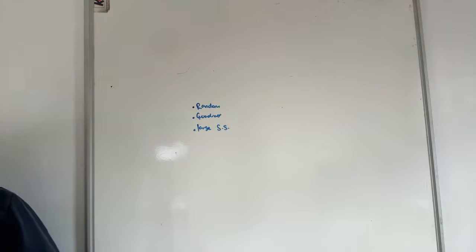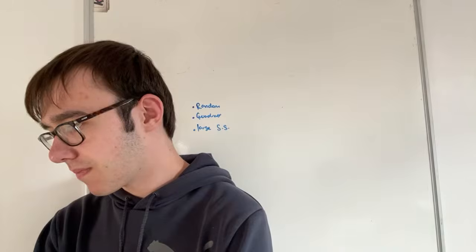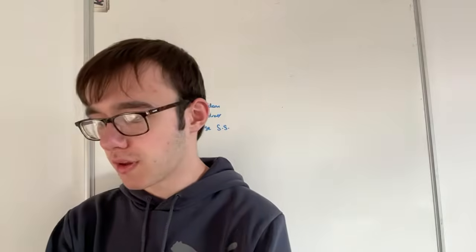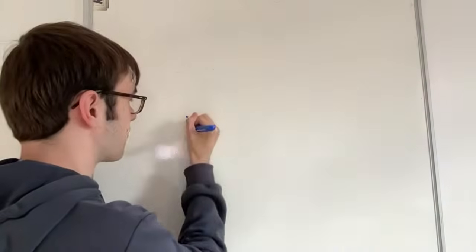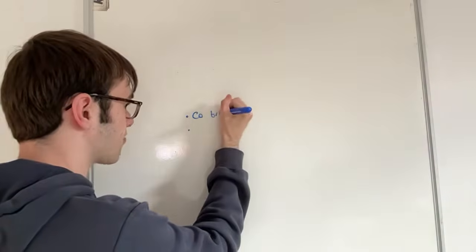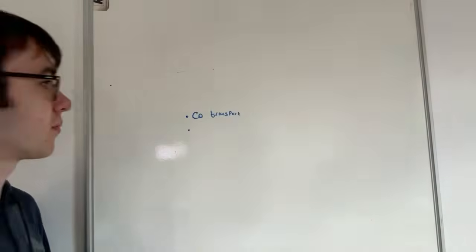Yeah, the essay is probably the worst bit. The thing is though, realistically, I don't know how you guys revise for essays. The way I do it usually is I have a handful of processes that I always can just remember right off the top of my head. Things like co-transport, for example. You can link that to so much, right?